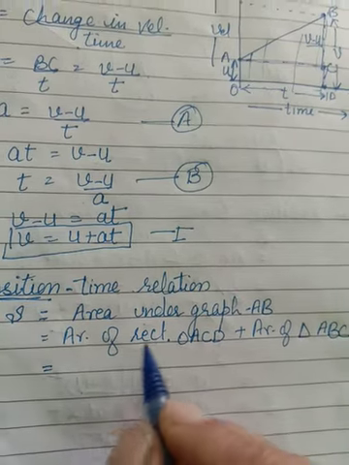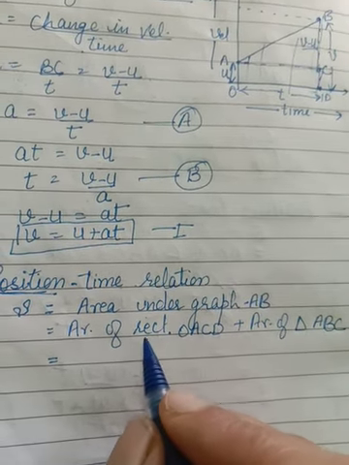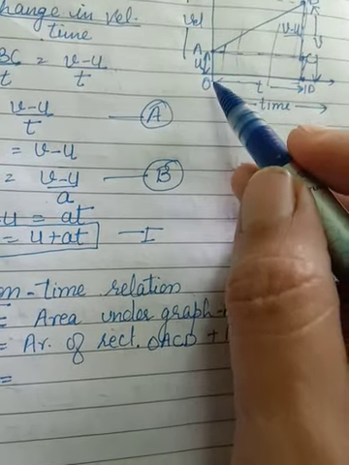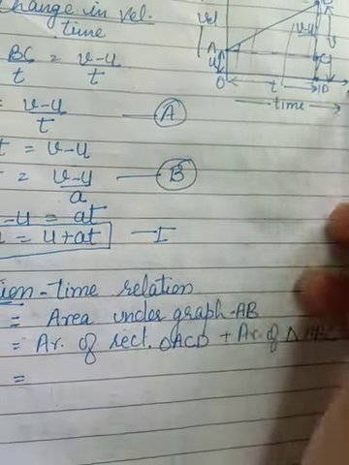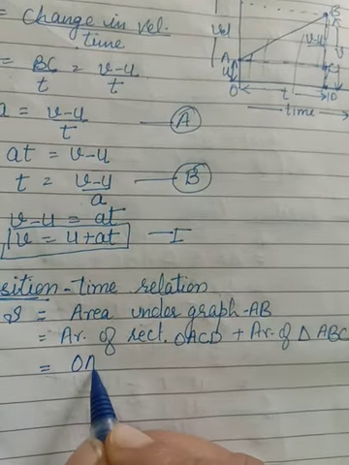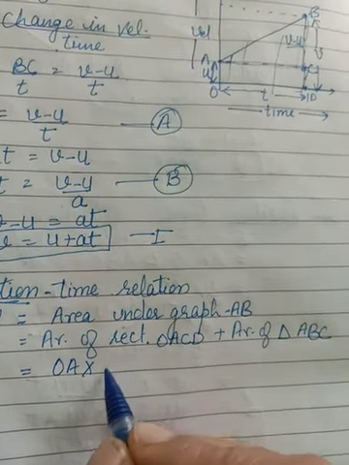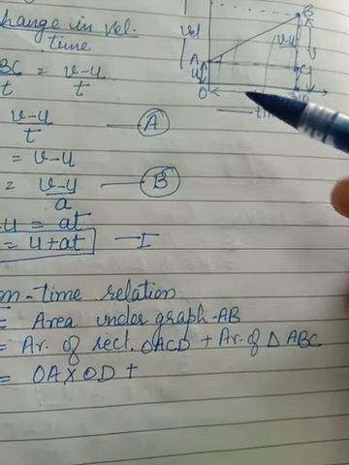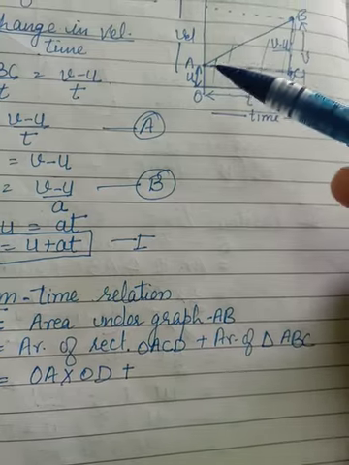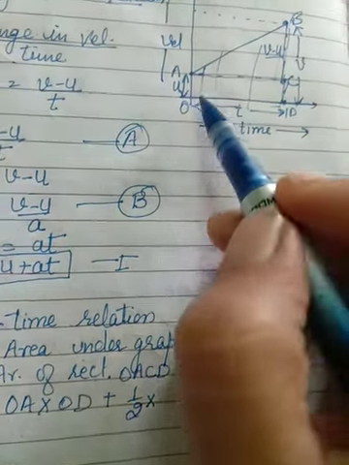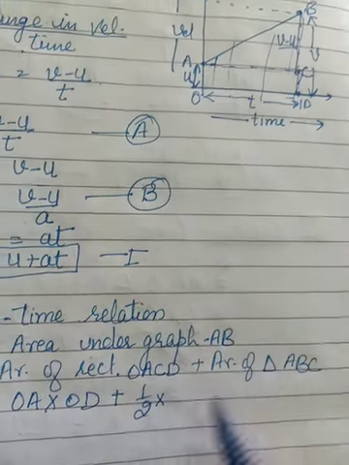Now you know the formula for the area of a rectangle. It will be length into breadth, or breadth into length, whatever you want to say. So breadth is OA into length is OD, plus the area of triangle ABC, which will be half into base. How much is the base? Base is this one, AC.